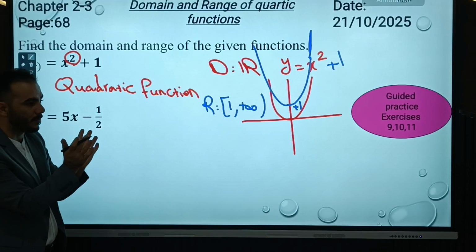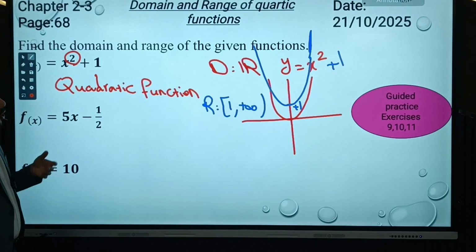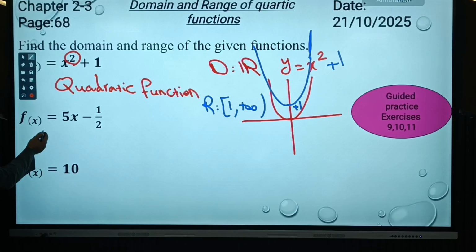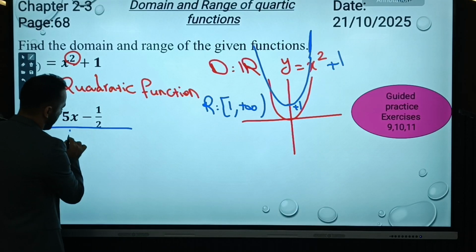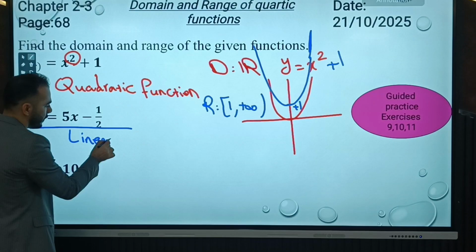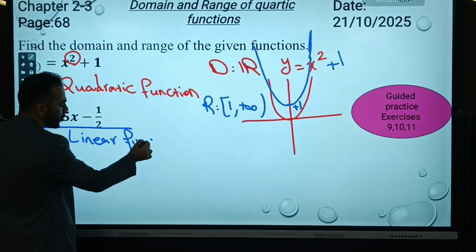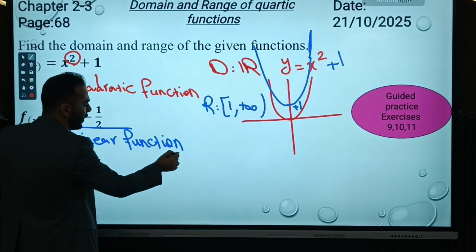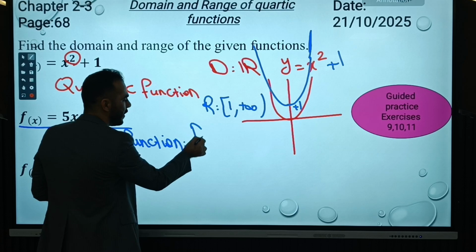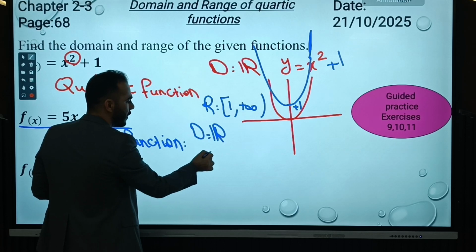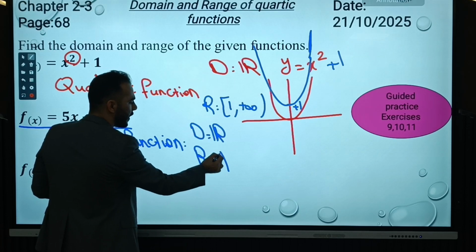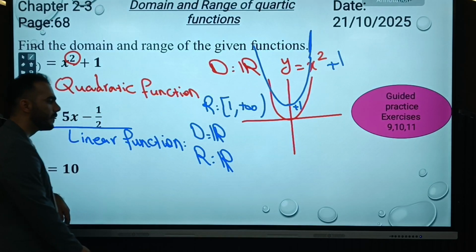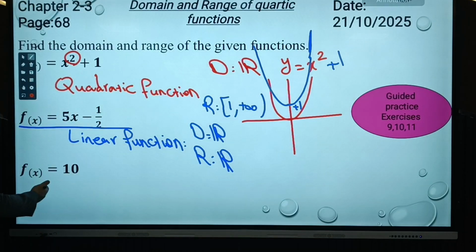And how about here? It's a linear function. So simply, for an odd degree function, the domain is R, and the range is, again, all the real numbers. The next one is a constant function, because f of x equals only a number.